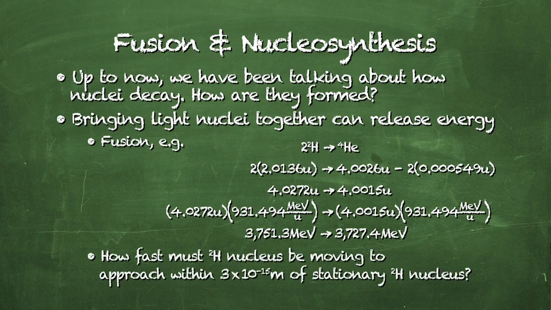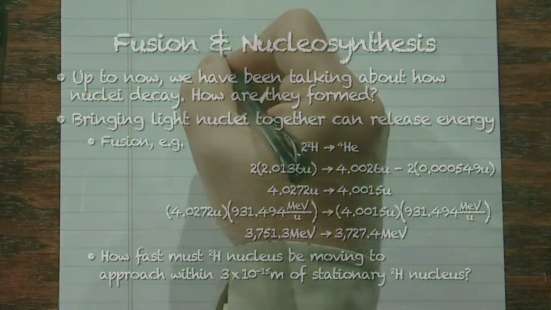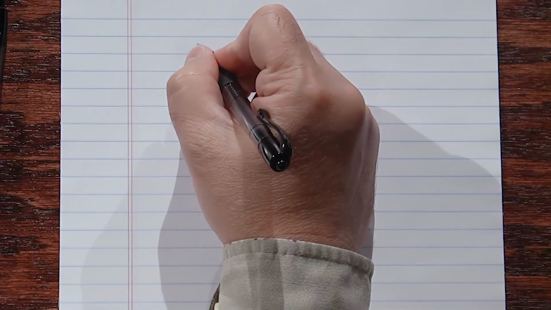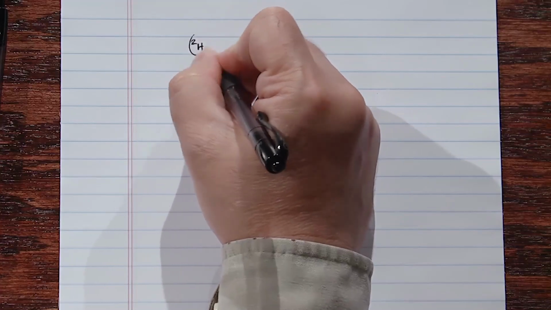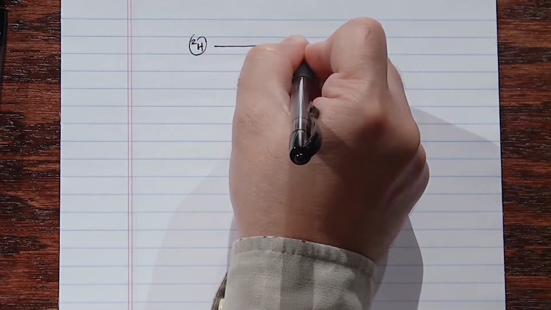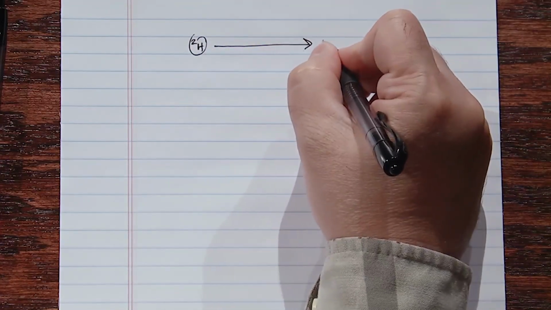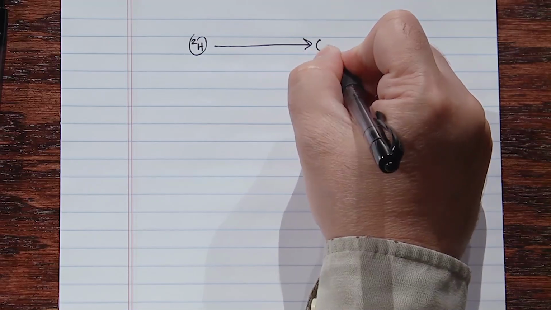How fast must a hydrogen-2 nucleus be moving to approach within 3 × 10 to the minus 15 meters of a stationary hydrogen-2 nucleus? I'm going to work that out for you. That is an energy question. So here I have a hydrogen-2 approaching a stationary hydrogen-2.